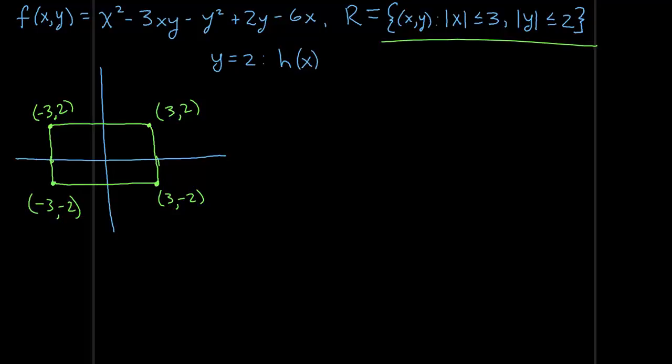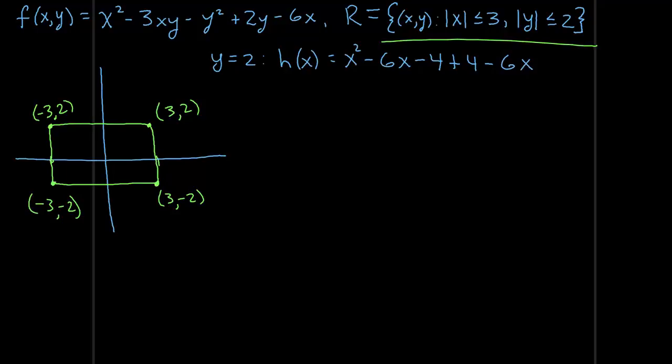Now, if I let y be 2, here's what I get. I get x squared minus 6x, now minus, what is this? Now y is 2, so this is 4, plus 4 minus 6x.